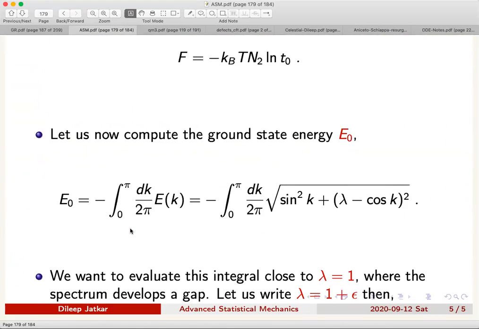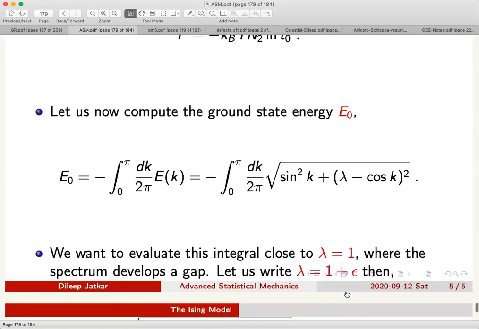So this is what we will do. To determine how the system develops this gap, we will consider lambda to be 1 plus epsilon, where we take epsilon to be small.